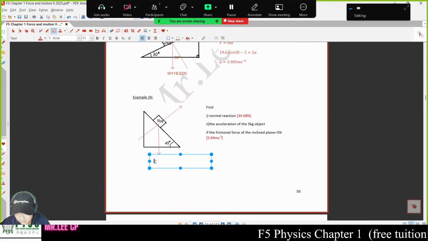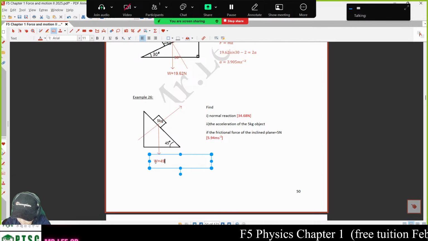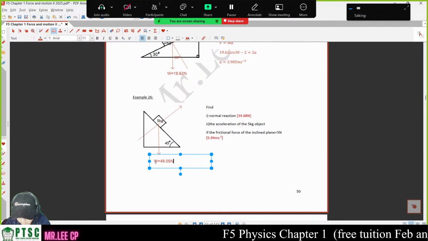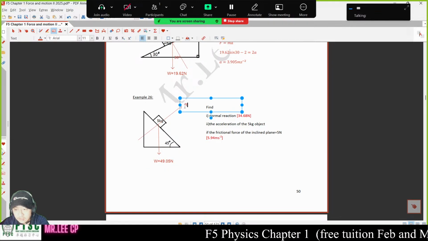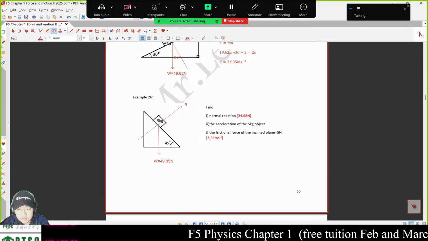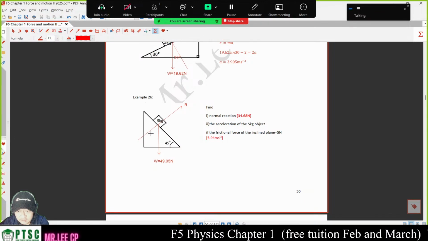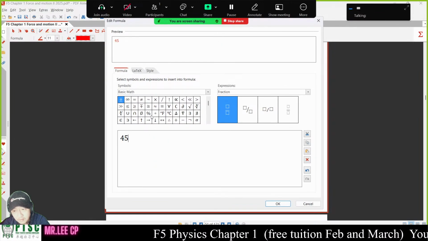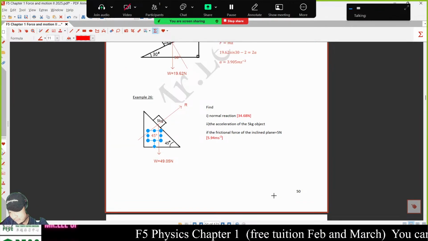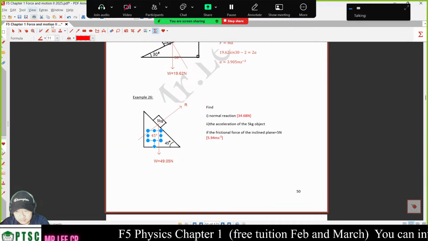Okay, this is the error. So this angle I put it in, this angle is 45 degree. Okay, so I put in all the information already.